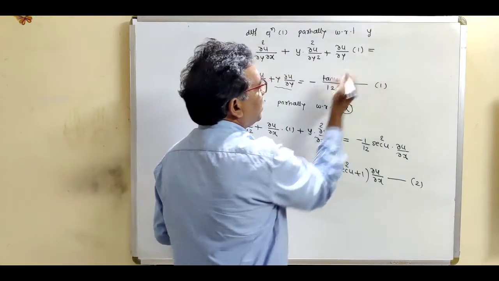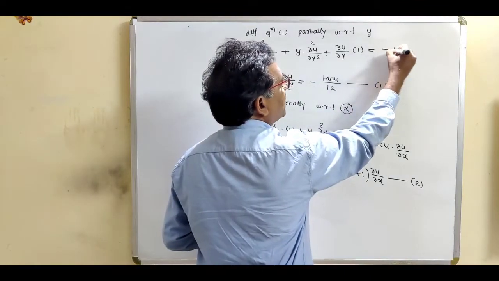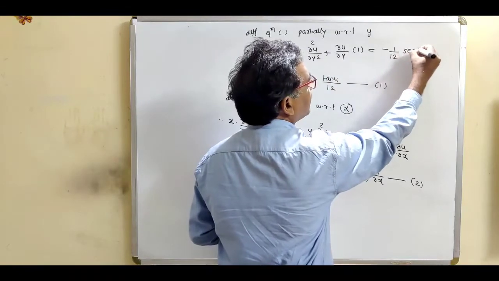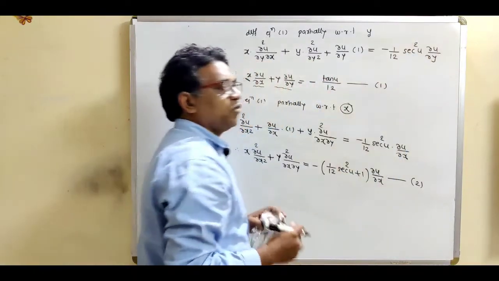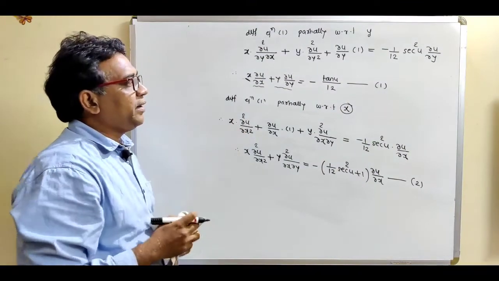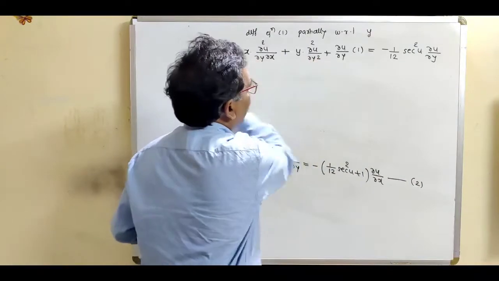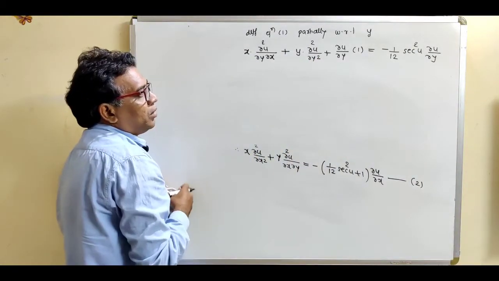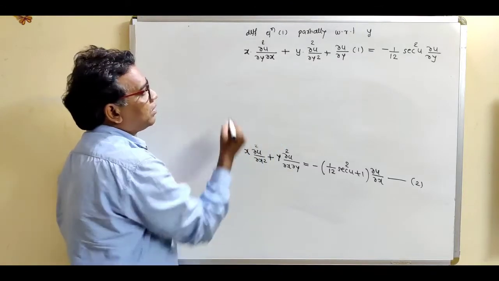Is equal to, now write its derivative partially with respect to y. So minus 1 upon 12, it is constant. Derivative of tan u is sec square u, and partial differentiation with respect to y means we have to multiply by del u by del y. Now again the same thing, transform del u by del y on the right hand side.